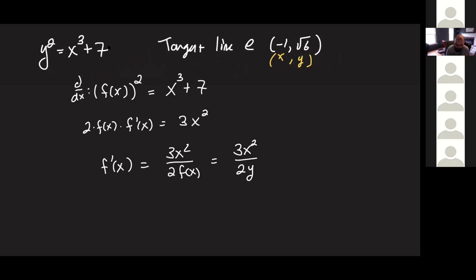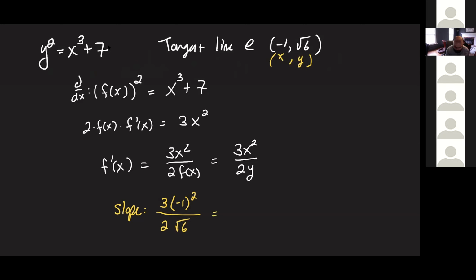Okay, so what I'm looking for is, hey, what's the slope here? And so my slope is going to be 3 times -1 squared divided by 2 times the square root of 6.